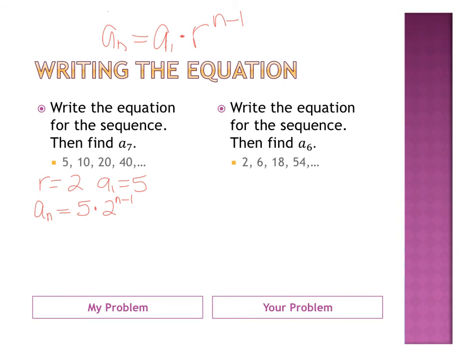It's the easiest one to write because I don't have to do any solving to write it. And then to find a7, I plug in 7. That's what that means: find the 7th term. 5 times 2 to the 6th power. 2 to the 6th power is 64, and that is 320. So a7 is 320.